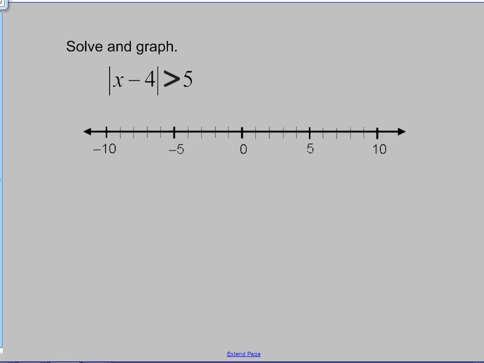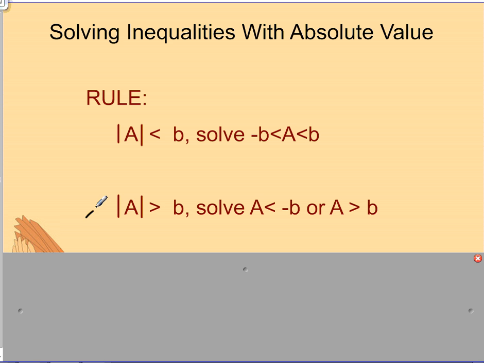Now looking the other way, we have to actually solve this using the or. This particular problem is the absolute value of x minus 4 is greater than 5. So I'm going to have to use this second rule. I'm going to have to make sure I set it up correctly. My rule says a is less than negative b.